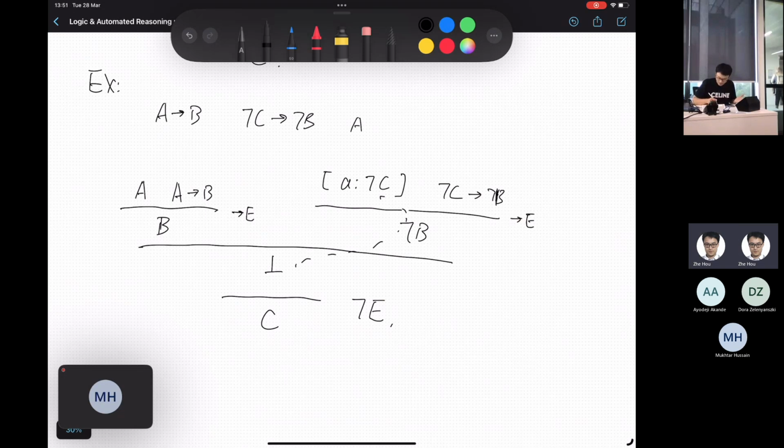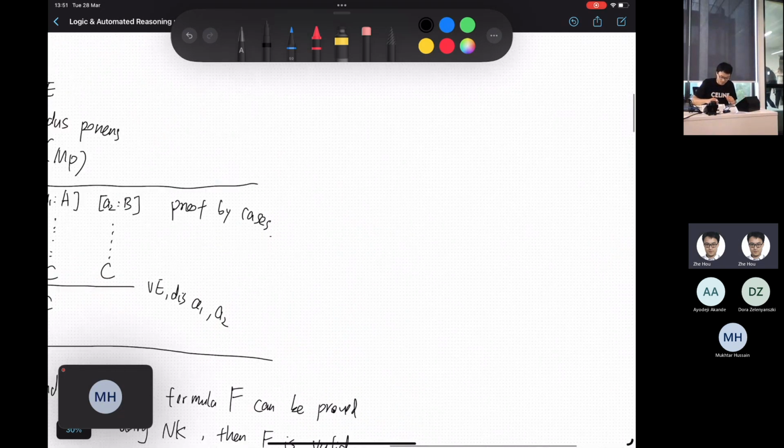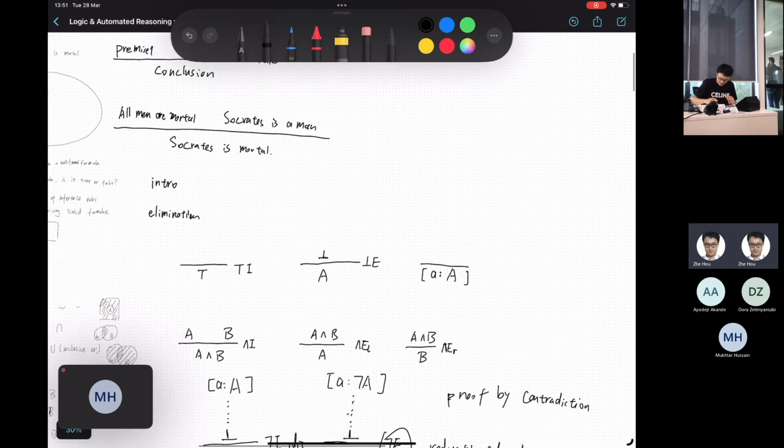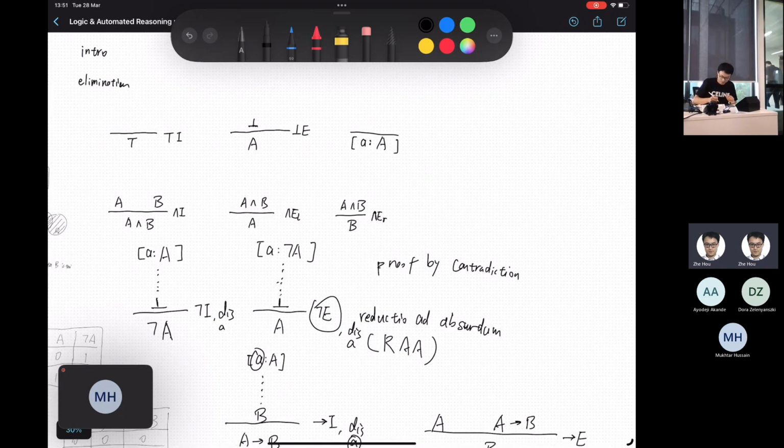And by doing that, we also discharge the assumption. That's part of what's happening here. So you derive falsity, and then you discharge the assumption. You get the opposite of your assumption.